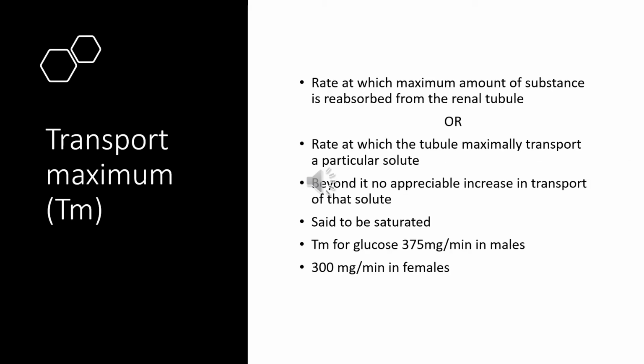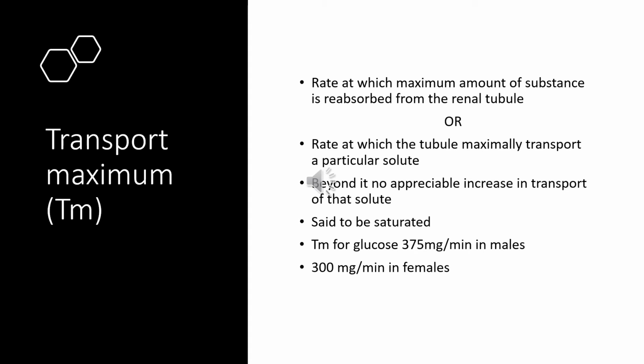Next comes an important point, transport maximum or TM. We have seen many substances are reabsorbed from the tubular fluid, and the rate at which the maximum amount of a particular substance is reabsorbed from the renal tubule is called transport maximum. In other words, it is the rate at which the tubule maximally transports a particular solute.